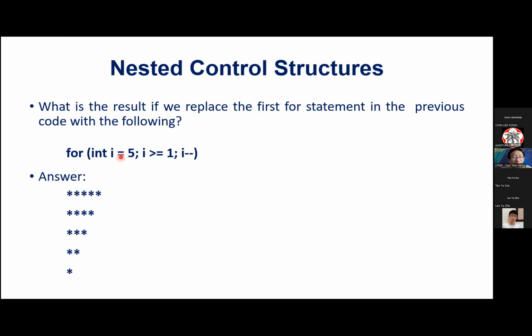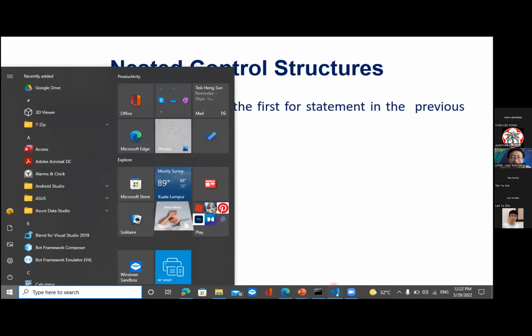You initialize the variable I to have the value 5. You check whether I is still greater than or equal to 1. If yes, you are able to perform the body of the for loop. And every time you will decrease the value of the variable I by 1.